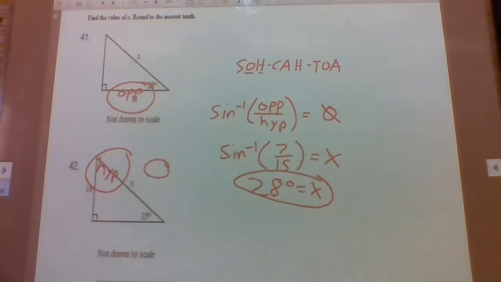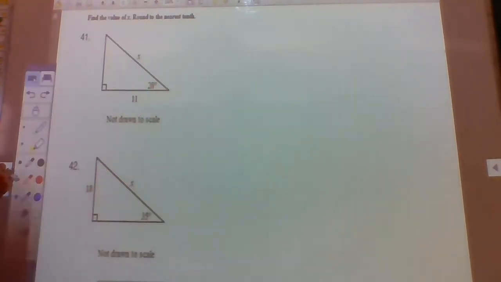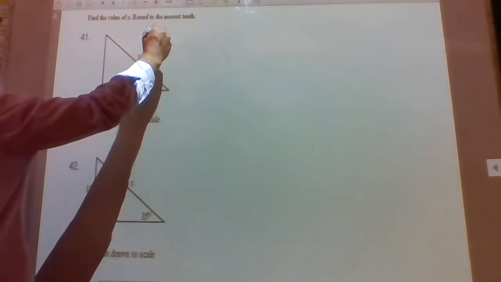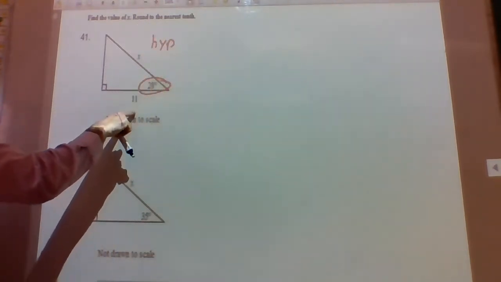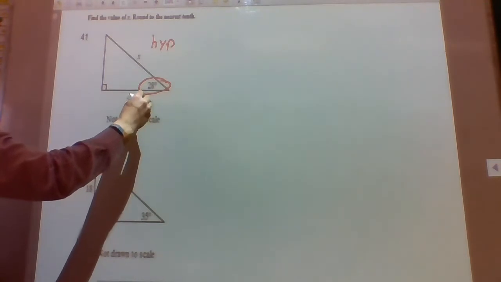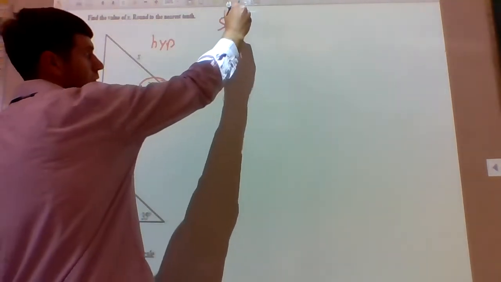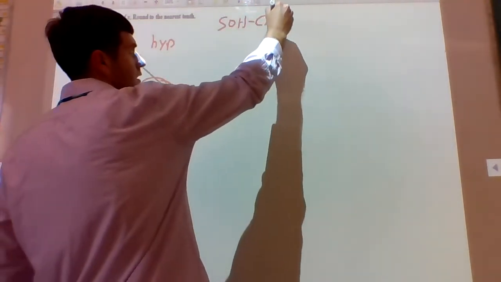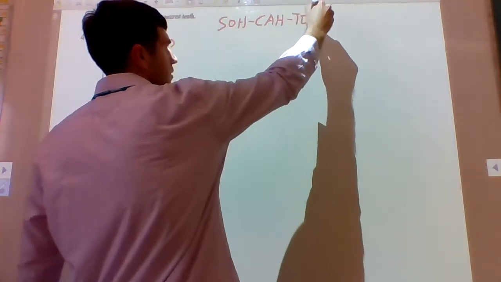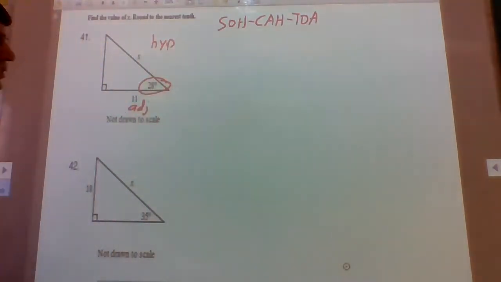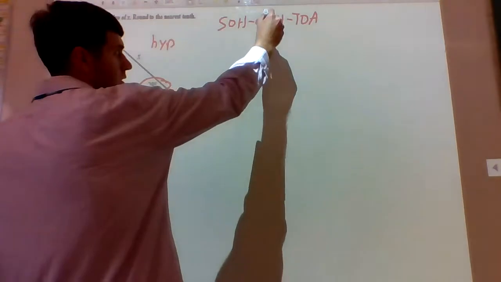41. Okay, label the hypotenuse. Circle the angle. 11 is next to, so that's adjacent. We have adjacent and hypotenuse. That's going to be cosine.